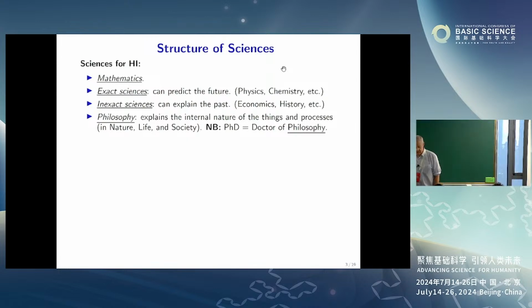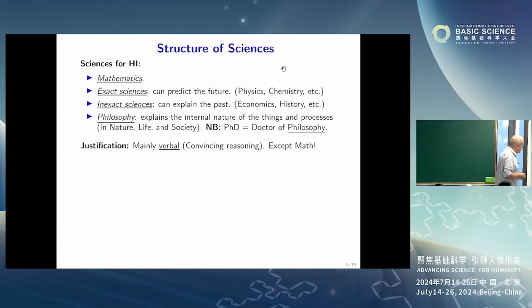So this degree for the results in the usual system. So mainly this is the reasoning, so some convincing reasoning which work except maybe math, but in mathematics reasoning just to support that and so on. It's very important.